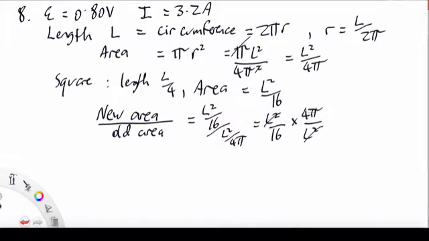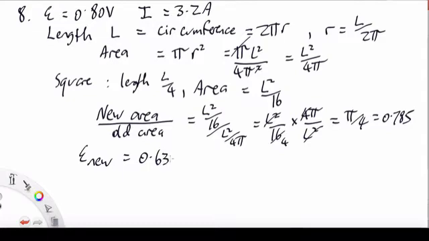So that cancels, this gives a 4. So we have pi over 4, which is about 0.785 as our ratio. So that means that the new EMF is 0.785 times the old EMF, which was 0.8, so that is 0.63, and the new current, which is in the same ratio, is 0.785 times 3.2, and that is 2.5 amps.